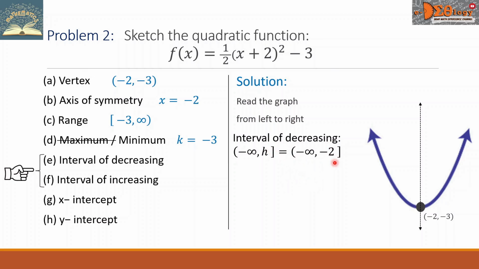So the interval is from negative infinity to negative 2. Now interval of increasing. This is the interval where the graph goes up. That is from h going to positive infinity. The h is negative 2, going to positive infinity.